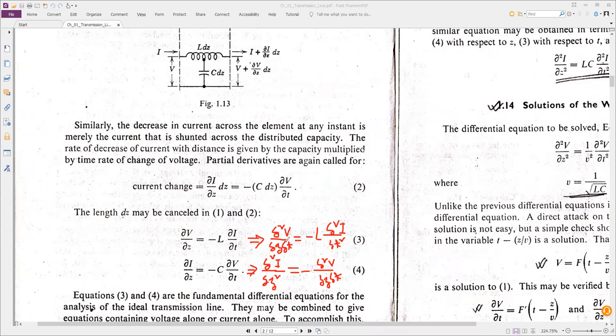Now instead of this one, here is the C. Now instead of this, you can write this. So then it would be LC del squared I by del t squared. That's how you can do this.